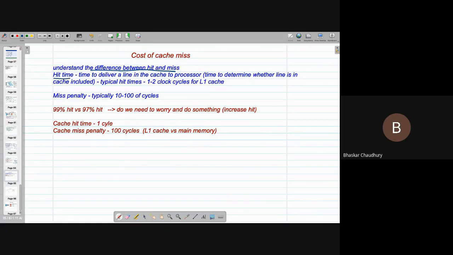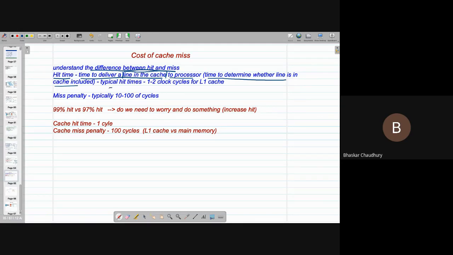Hit time is the time to deliver a line in the cache to the processor. The time to determine whether the line is in the cache is also included in this. So there is a line which is already in the cache, and hit time is the time to deliver that to the processor. That is called hit time.